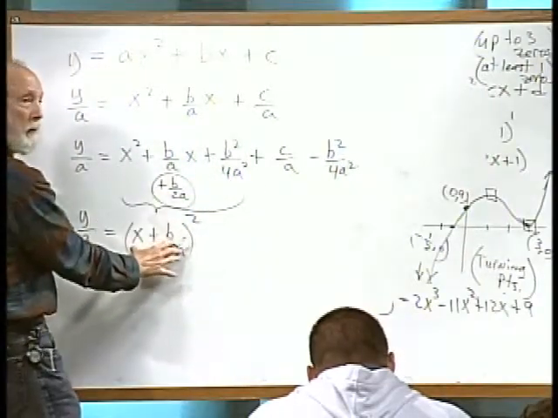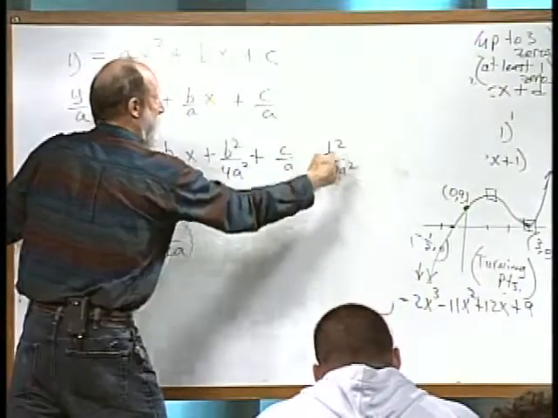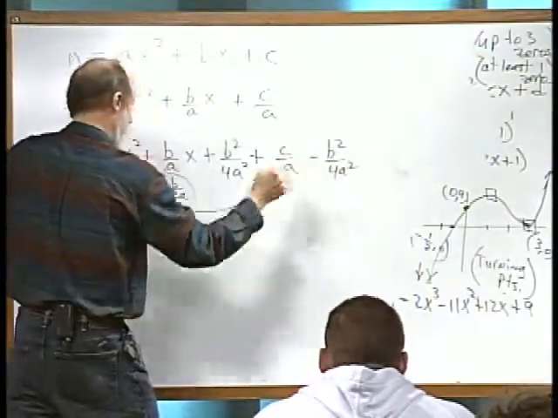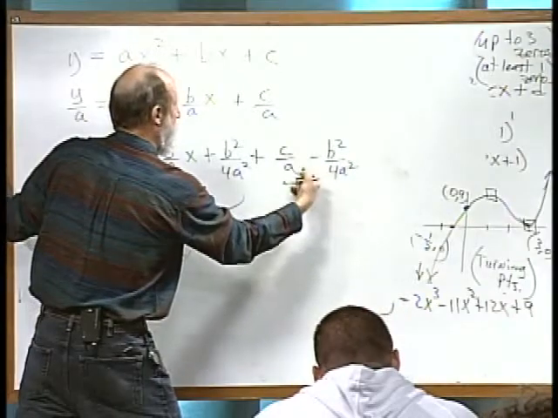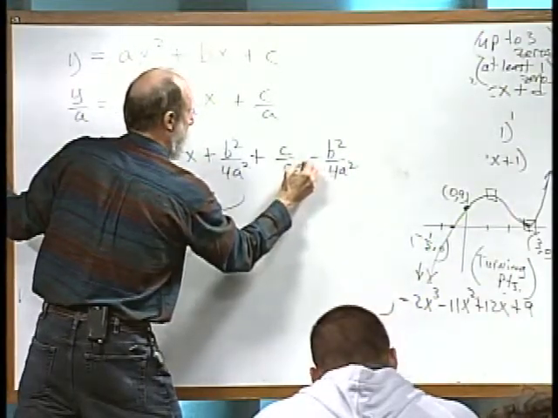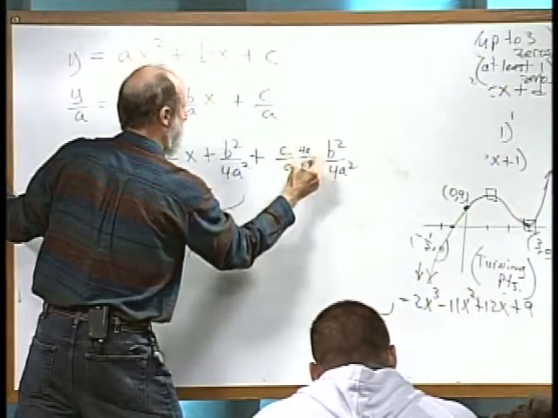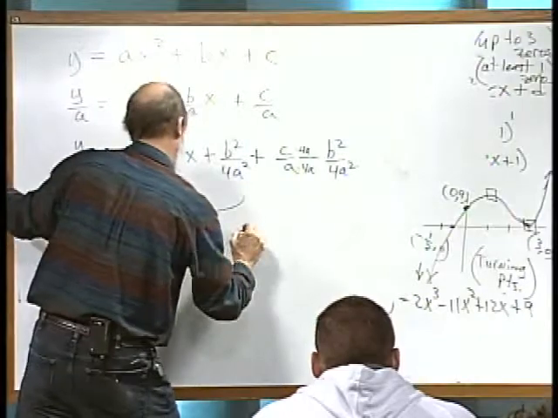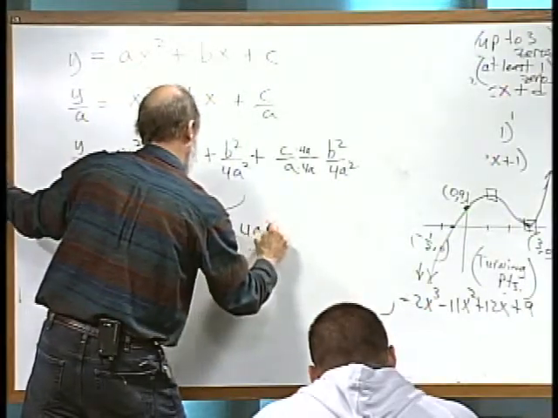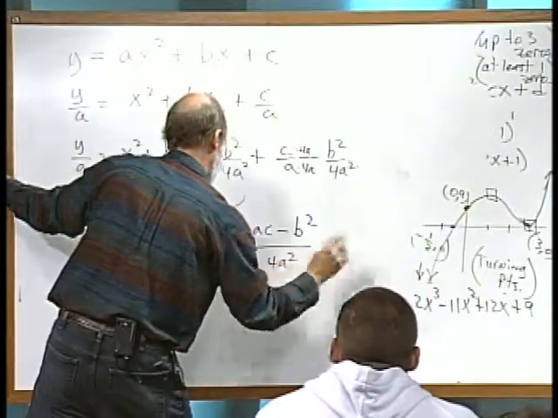Boom. I need a common denominator to get these terms together, and you can see that I need another 4a, don't I, top and bottom here, to make a common denominator. So if I tuck in a 4a as a multiplier, top and bottom, I have then plus 4ac minus b squared over 4a squared.